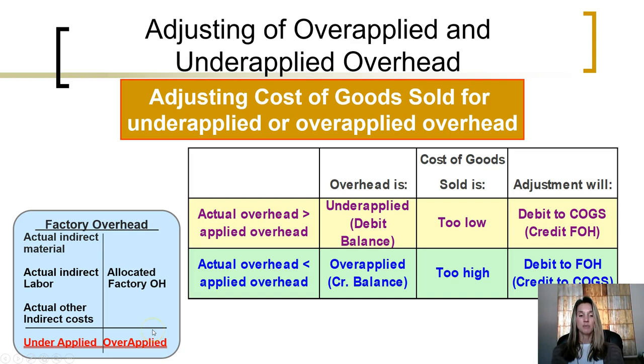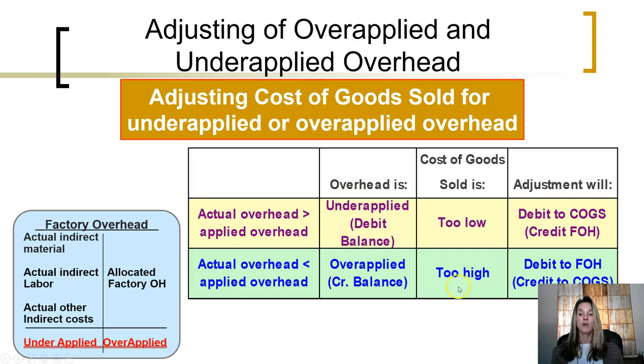However, if at the end of the accounting period, we are left with a credit balance in factory overhead, it means that our estimate was more than what the actuals were. The amount we applied into goods in process was greater than what we actually needed, knowing what our actuals are now. So if we were over applied, we are left with a credit balance in factory overhead, which means our cost of goods sold was too high because we recorded more overhead in goods in process, which was then transferred to finished goods, which was then recorded as cost of goods sold when the inventory was sold.